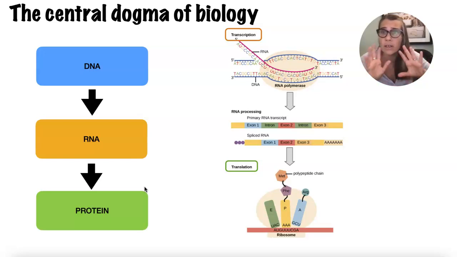We don't want it to be ruined in any way possible. So when we want to express one specific gene, we just transcribe that gene and we move that RNA that now has the transcription of the gene, so we can work with that and we don't touch the DNA. The DNA stays safe and intact where it is.